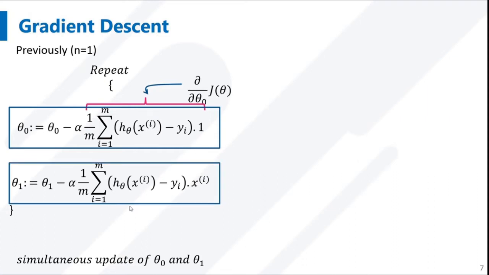Similarly, in the case of the other formula, the derivative is defined by this expression: the derivative of J theta with respect to theta 1, and the coefficient of theta 1 is xi. That's why xi remains. And we have to make the simultaneous update for theta 0 and theta 1.